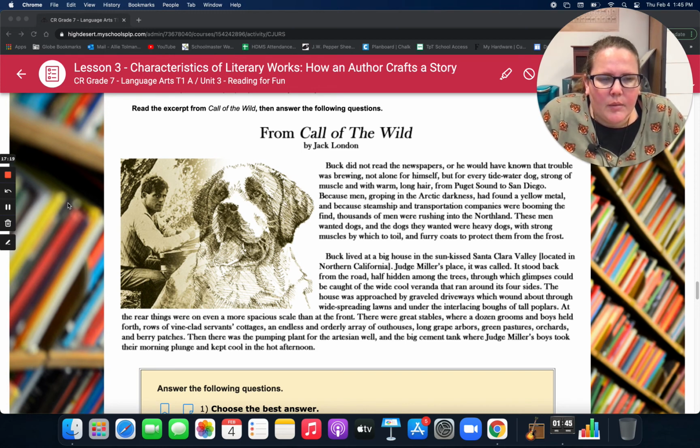Buck lived at a big house in the sun-kissed Santa Clara Valley, located in Northern California. Judge Miller's place, it was called, stood back from the road, half hidden among the trees, through which glimpses could be caught of the wide, cool veranda that ran around all four of its sides. The house was approached by graveled driveways, which wound about through wide-spreading lawns and under the interlacing boughs of tall poplars. At the rear, things were on an even more spacious scale than at the front.